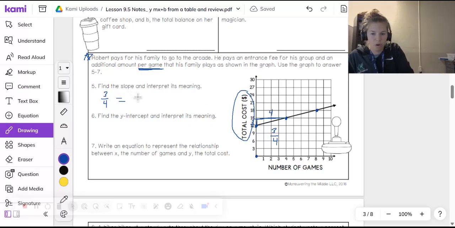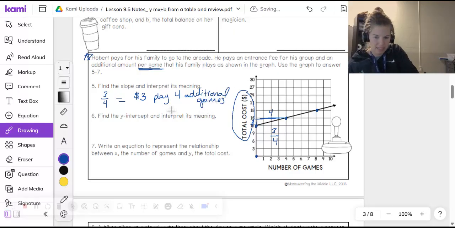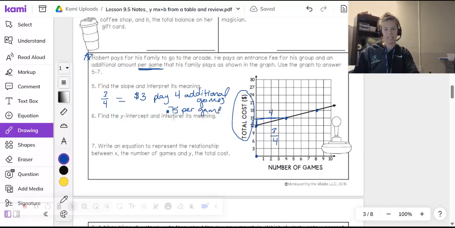So for every $3, they play 4 additional games, which also means each game is 75 cents per game. If we simplify that and get a decimal, 3/4 is 75 cents. So 75 cents per game is going to be the unit rate, or that slope there.